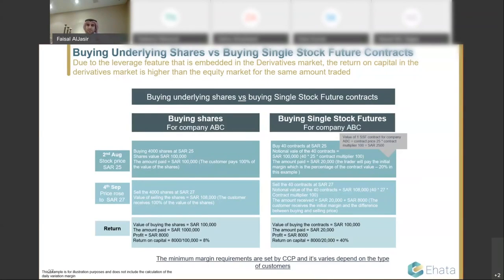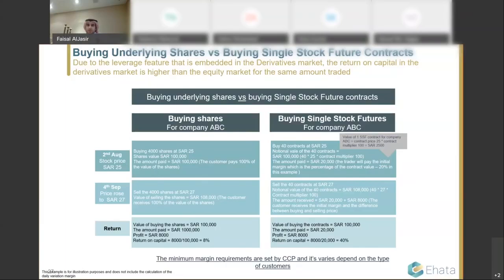What if you want the same exposure, but with different mechanics, where you don't want to do it by buying stocks, you want to do it by buying a single stock future? In order to get an exposure of 4,000 shares, you buy 40 contracts in this case.